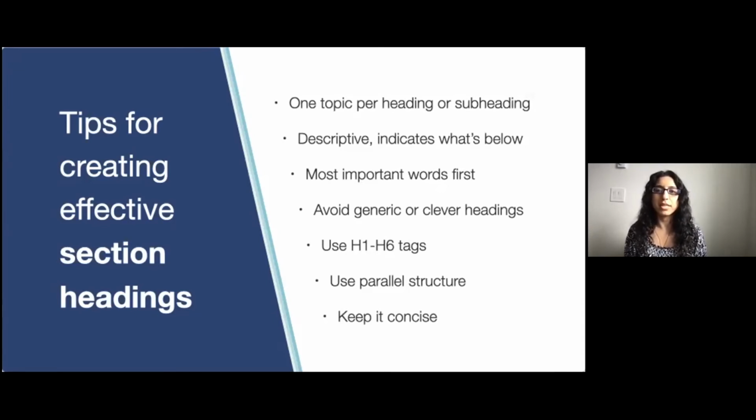And you want to place the most important words first in the heading. It's also good to avoid anything clever. You want to prioritize clarity over cleverness. And this one can sometimes be challenging, but you always want to be clear. And each heading on the page should be unique and not generic. So you never want to use multiples of the same heading more than once on the page.